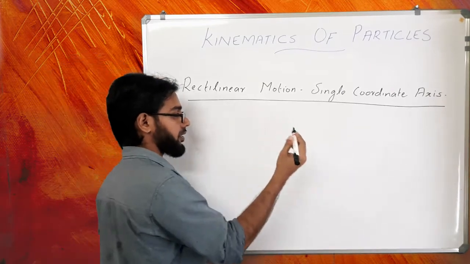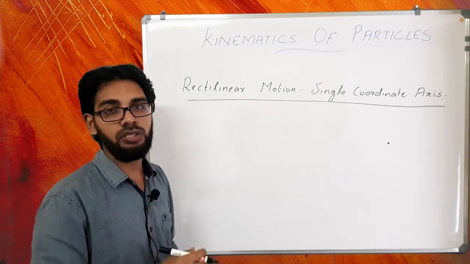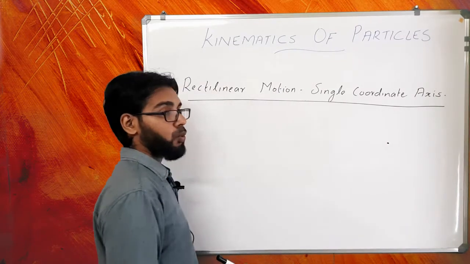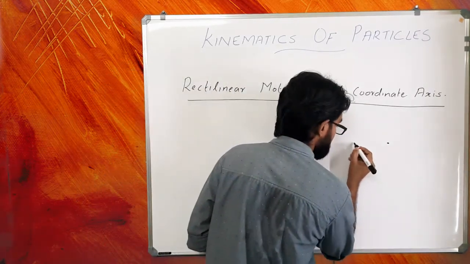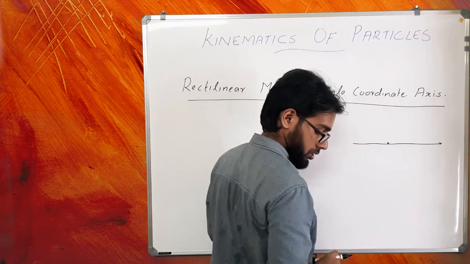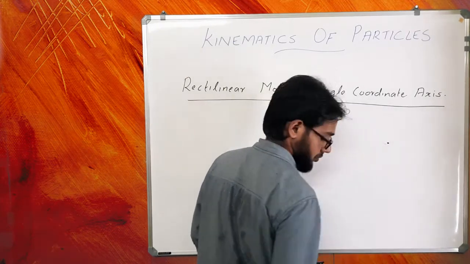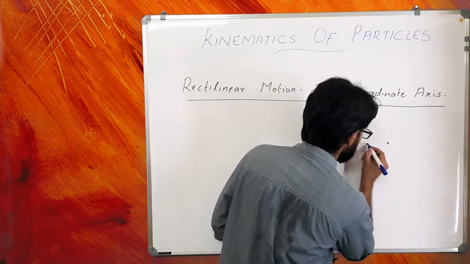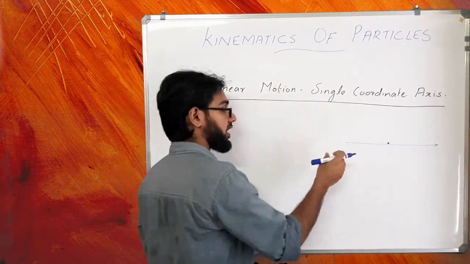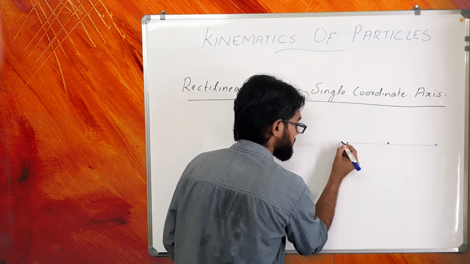Now, consider a particle that is moving along a straight line, a rectilinear motion. Suppose the particle is moving along this axis. So, what I do is that I choose the axis along the same line as the motion, and suppose O is the reference point.